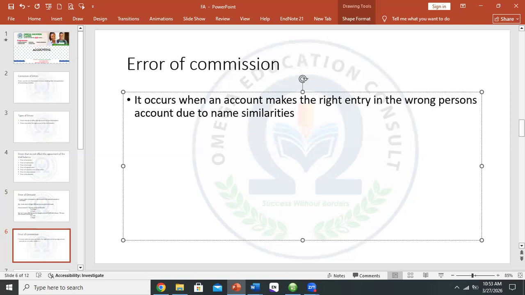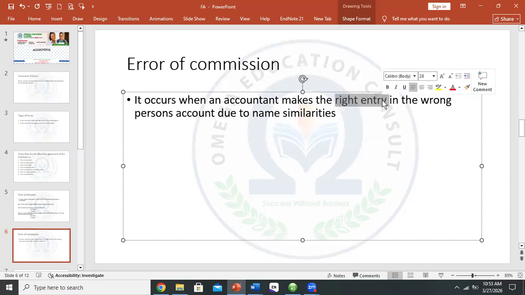So follow the definition well. The accountant makes the right entry. So the entry is correct. He was supposed to debit, he was supposed to credit, and he did exactly that. The right entry was done, but in the wrong person's account due to name similarities.